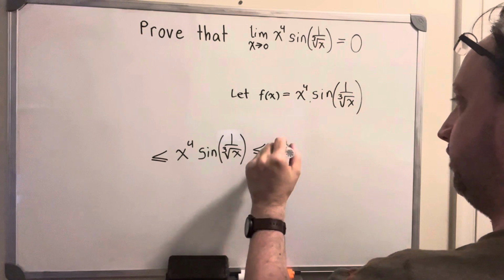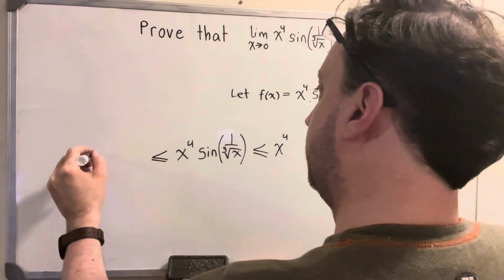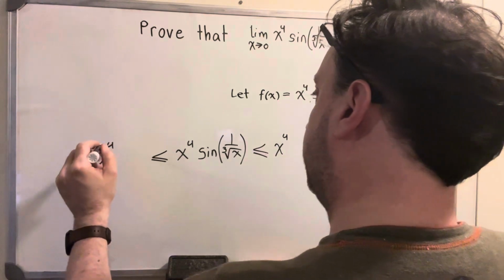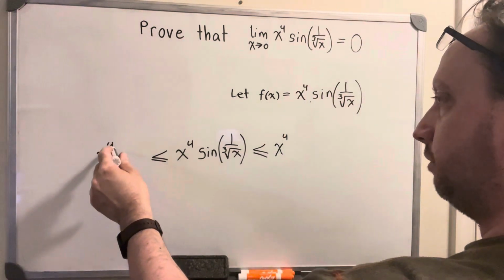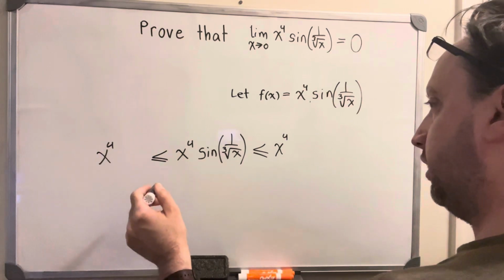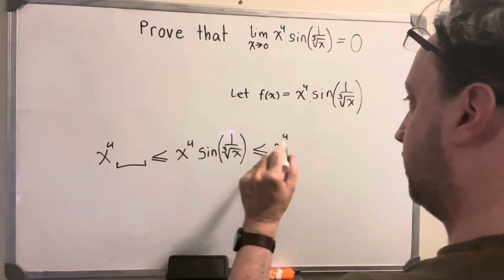Now remember, let's leave the x to the 4th right here, because fortunately, very fortunately, x to the 4th is always greater than or equal to 0. So it's always going to be a positive number.